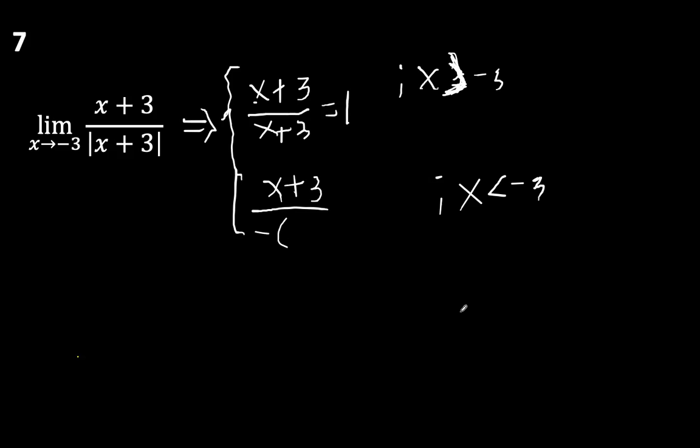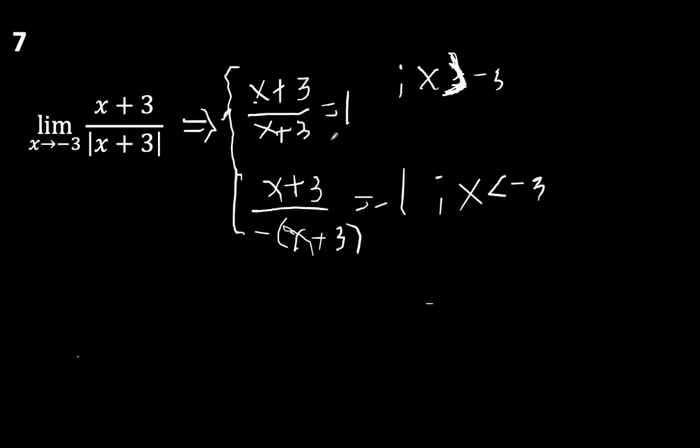So this is (x plus 3) over negative (x plus 3), and if we simplify, this is equal to negative 1. So we have two possible values, 1 and negative 1.